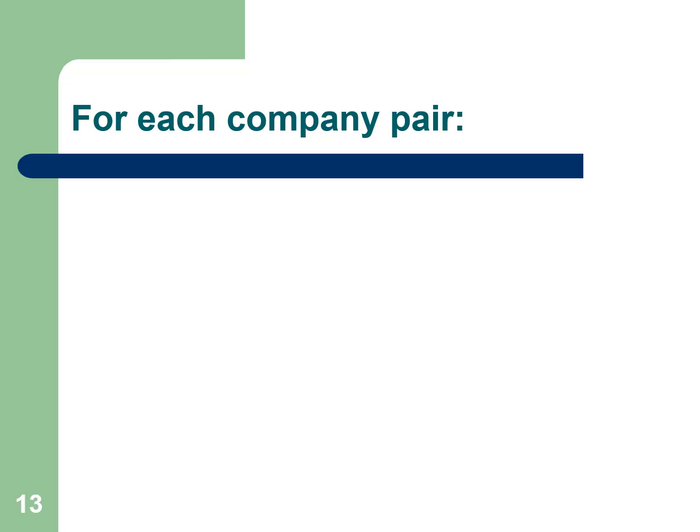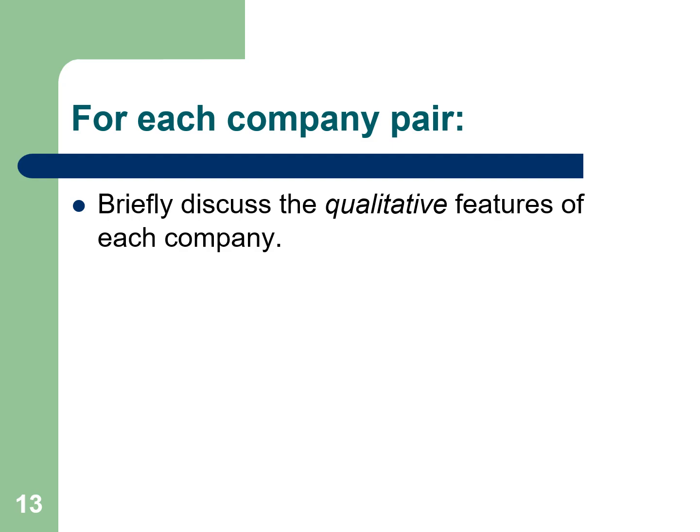When analyzing a pair of companies in your case study this week, the focus should not only be on numbers, but also on the qualitative factors that give context to these numbers. Let's break down the approach to effectively analyze and discuss each company pair. Qualitative features.